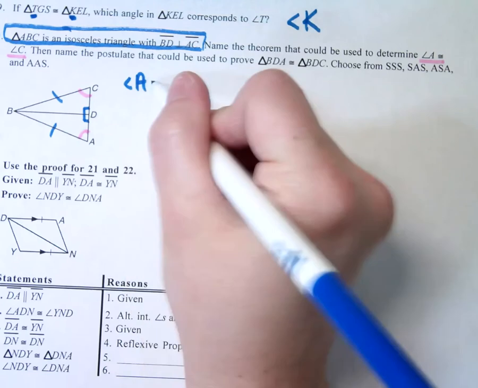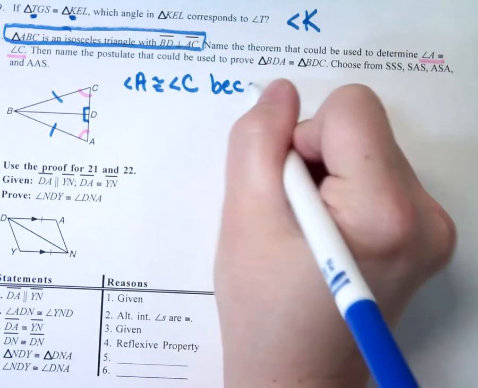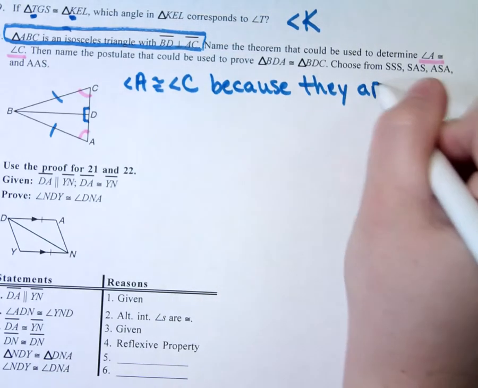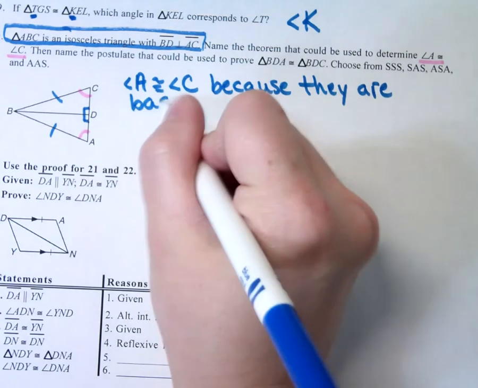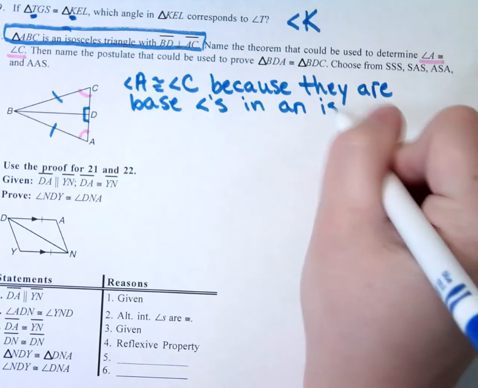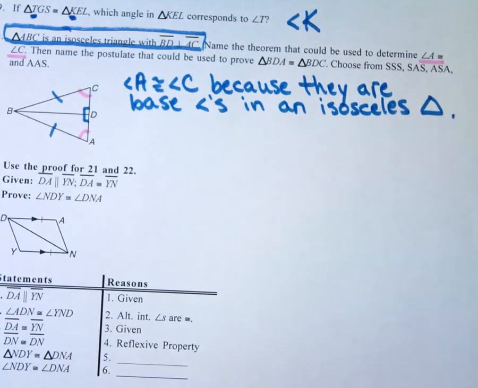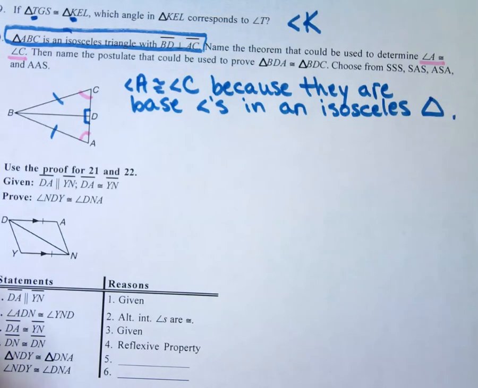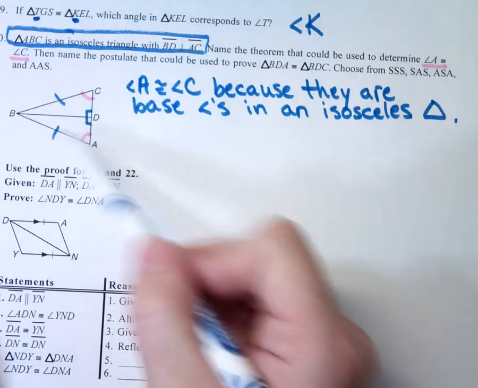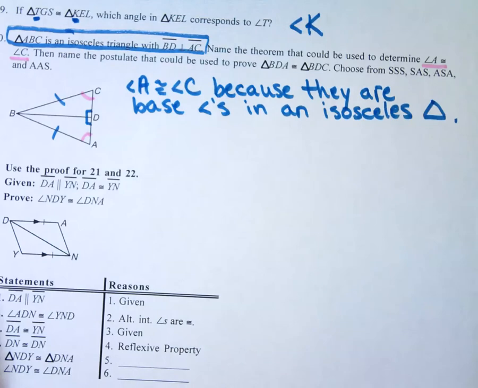So I'm just going to say that angle A is congruent to angle C because they are base angles in an isosceles triangle. So the angles across from the congruent sides are congruent to each other, and they do happen to be called base angles.